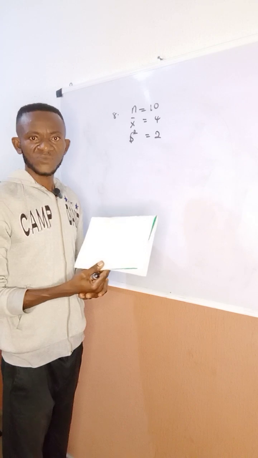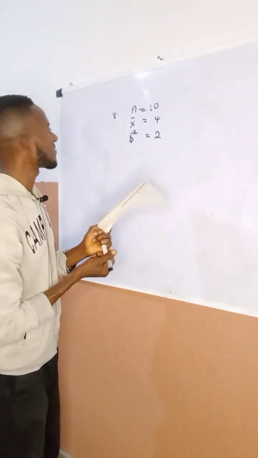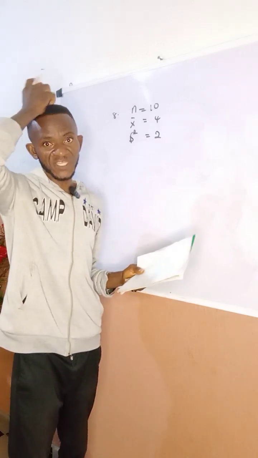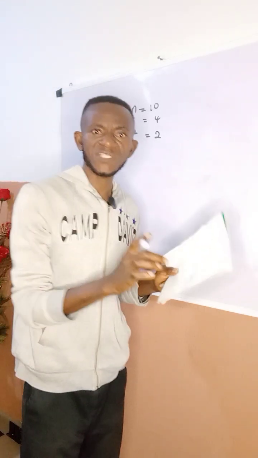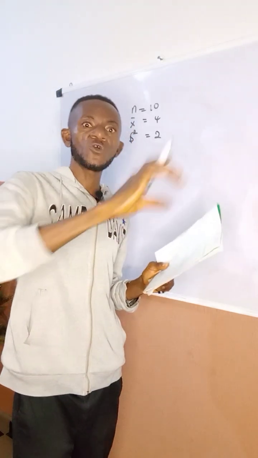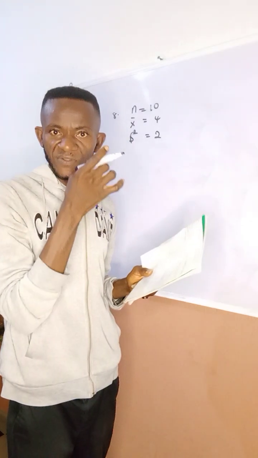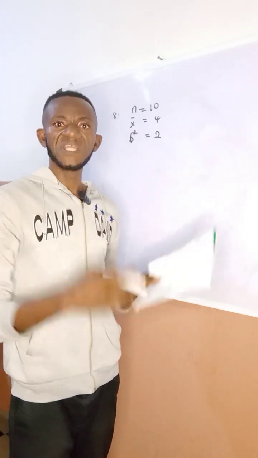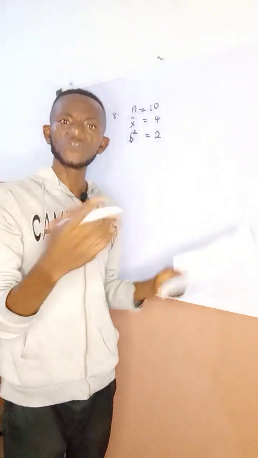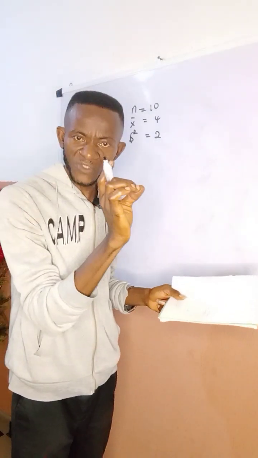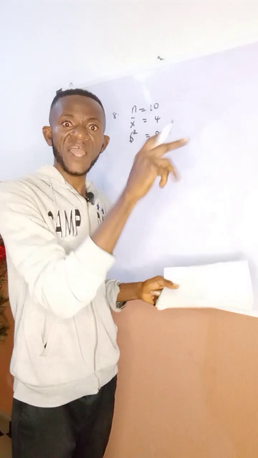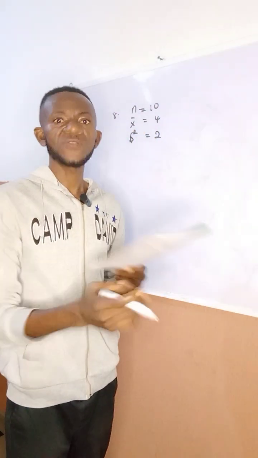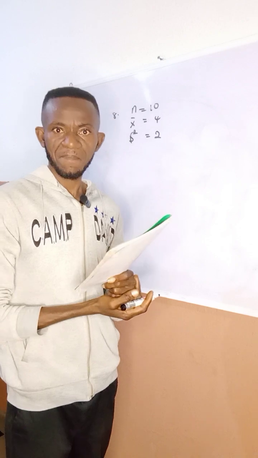They gave a formula to do it: when a particular constant is used to multiply each of the observations, the mean of the new series is that constant multiplied by the mean, and you arrive at the answer.